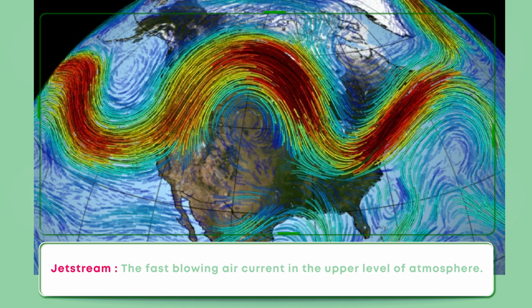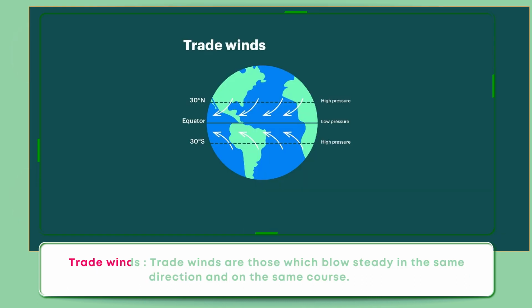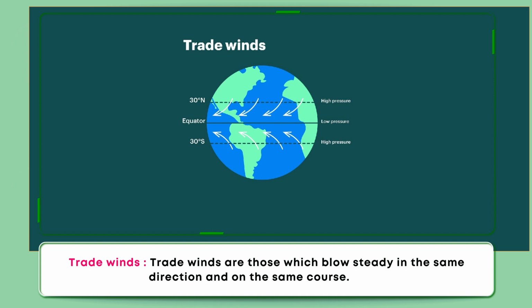Jet stream. The fast-blowing air current in the upper level of atmosphere. Lu. It is a local wind which blows during the hot season in North India. Trade winds. Trade winds are those which blow steady in the same direction and on the same course.